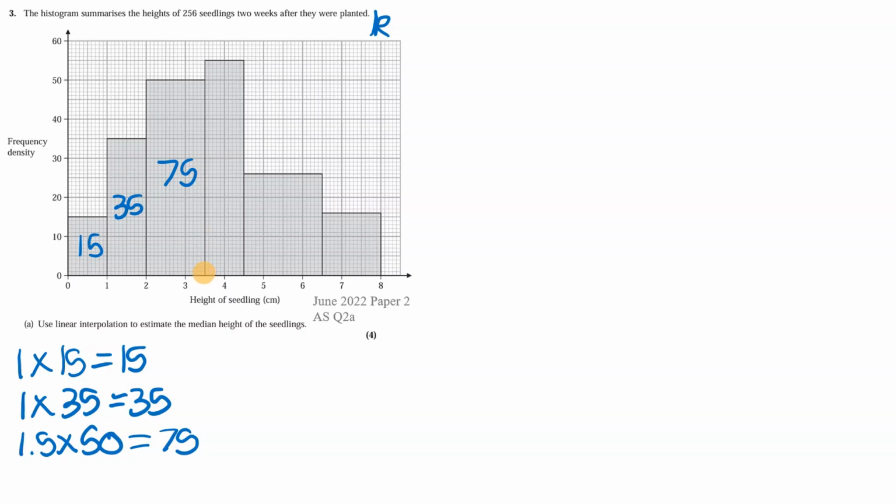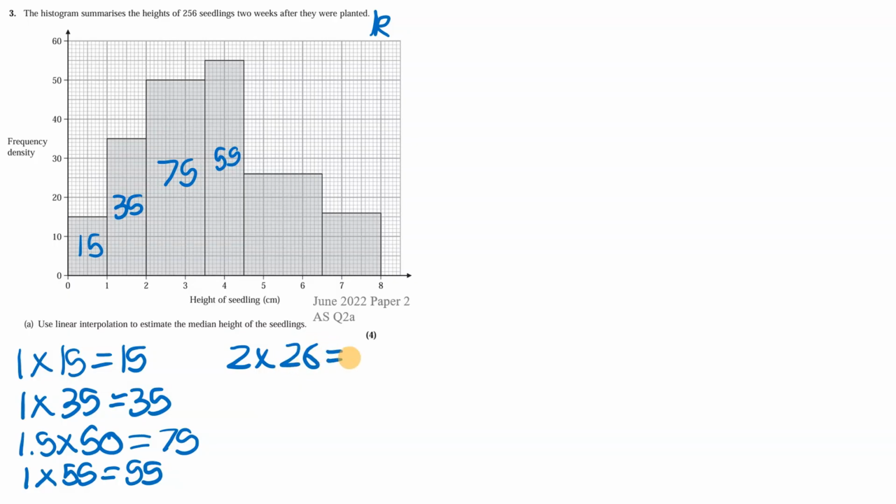For this one, it goes from 3.5 to 4.5, so the width is 1, multiplied by the height, which comes up to 55, so this is equal to 55. Then for this one, it starts at 4.5 and ends at 6.5, so the width is 2, multiplied by the height of 26.